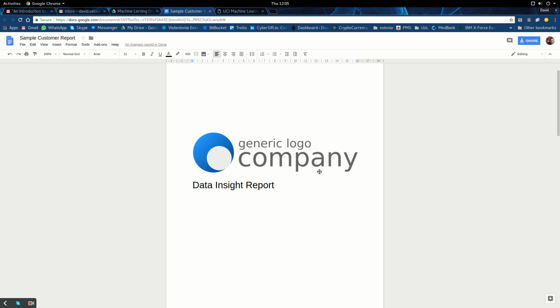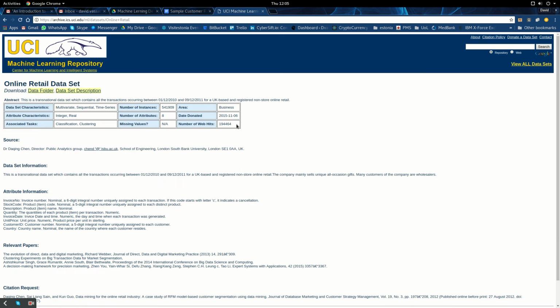So the data that we're going to be using is actually public data provided by, I believe, the London South Bank University. And this is a real year-long data set for a UK-based online retail store that has no physical location.